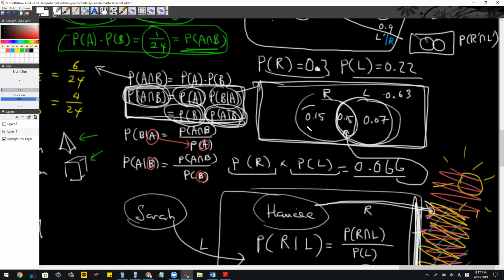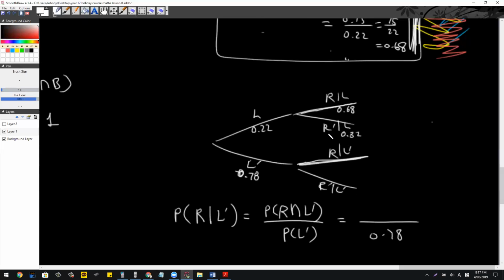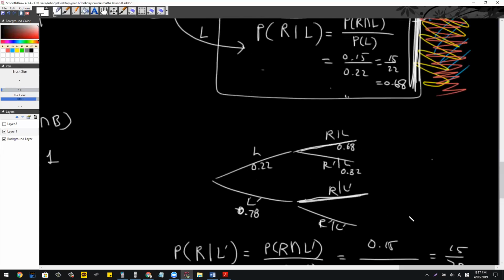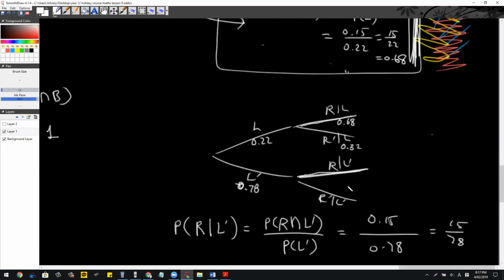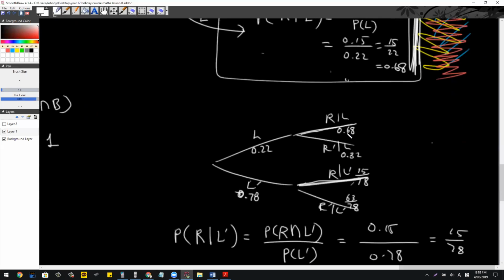R and not late, that's 0.15. So that's 15 out of 78. So this would be 63 out of 78. This was 15 out of 22, so this should be 7 out of 22.